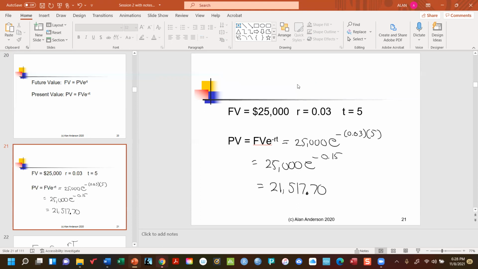All right, so that is what we would call the present value of the $25,000, meaning I have to save that much now in order to have my $25,000 in 5 years. We also think of it as the present value.